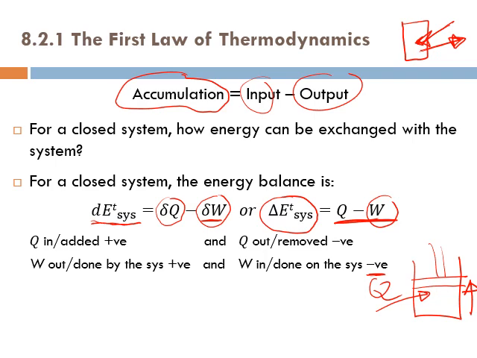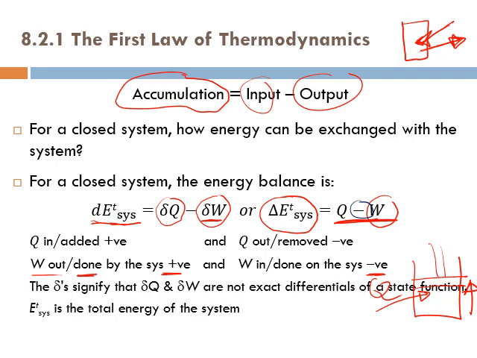That's why the work done by the system is positive. That's something they want. However, when the system does work, it's losing part of its energy, so it should be considered as out. Therefore, they put a negative before the work.